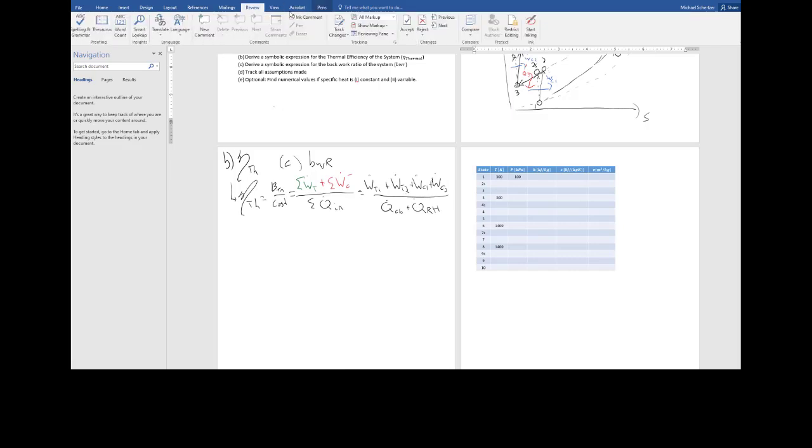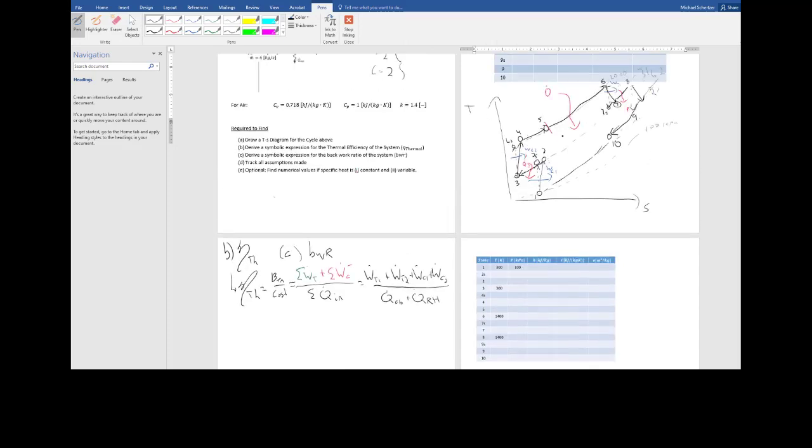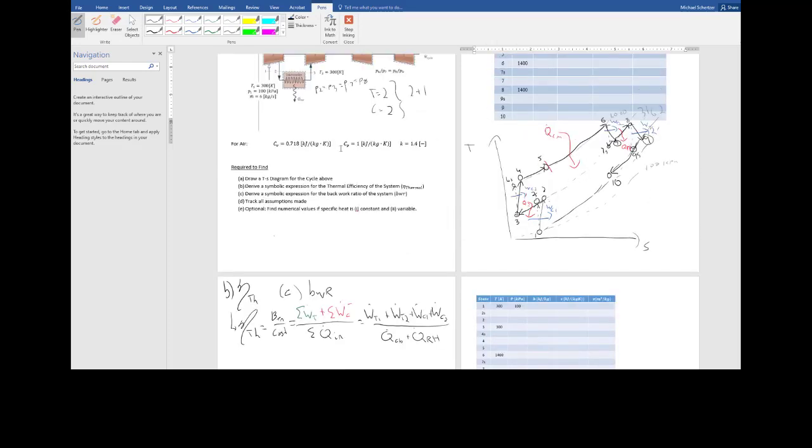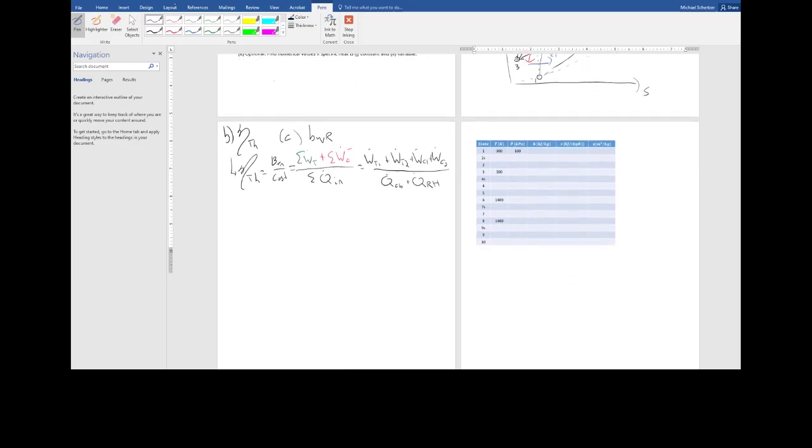Right? So I could see that up here when I draw it, or I could look at the component diagram too. But I have 4 components of work, and I have 2 heats that I'm worried about. To get these, I need my first law. It's an open system.